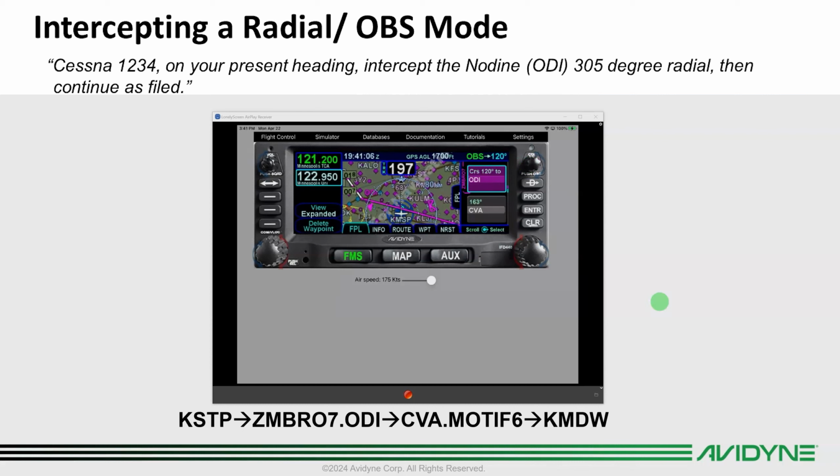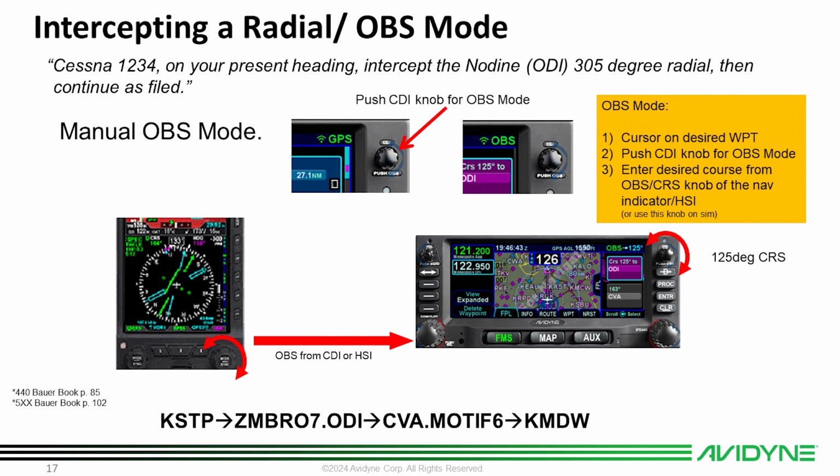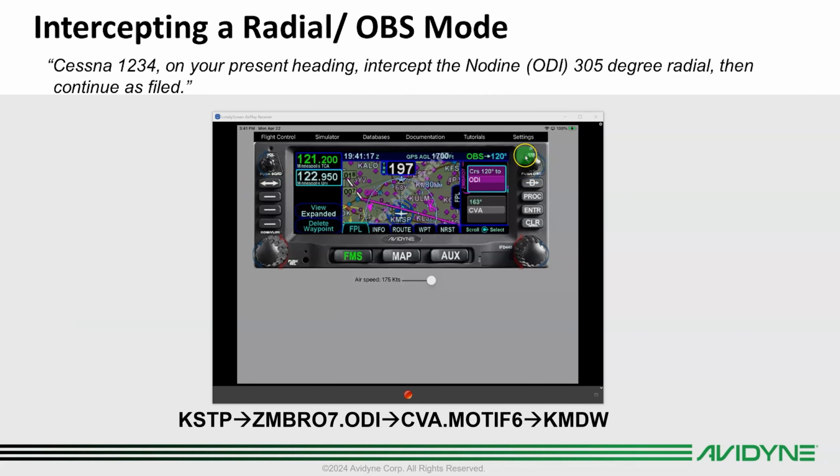The 305 radial is the 125-degree bearing. You could change that if you had it hooked to a CDI, but in this case I'm going to use the CDI knob here, and I'm going to rotate it to 125. And you can see the OBS changing, the manual OBS there.